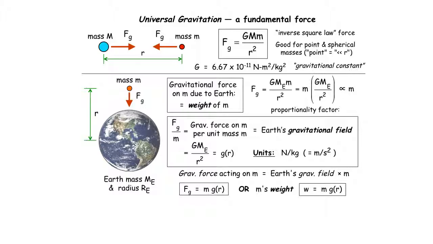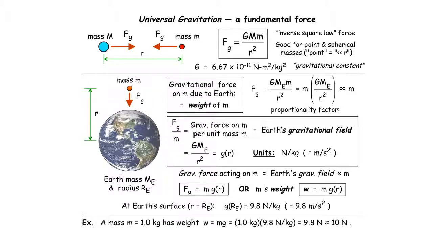So you have this gravitational force acting on M, and it's basically just mass times g, which we've always said, but that g is actually a number that changes depending on how far away I am from a massive object like Earth. And then finally, at Earth's surface, we know the radius of Earth, and so we get this number, 9.8 meters per second squared, which you all, for some reason, remember. But it turns out that that's only at this radius from the center of the Earth. It's a very specific radius that we've chosen to get that.